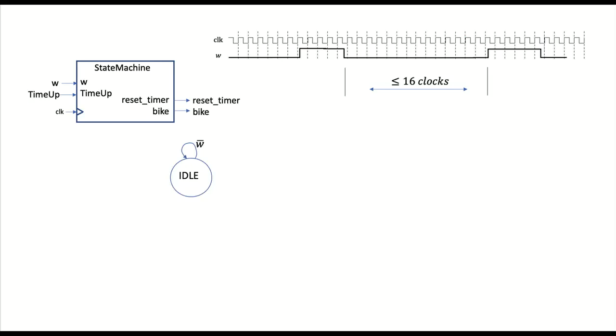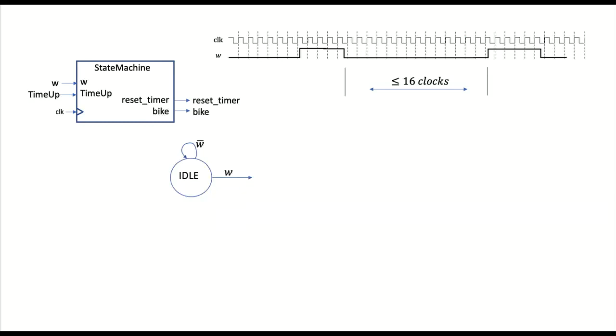Don't react. Which means I probably want to do something if I see a W. So I'm going to want to change state if W is high, because obviously something happened, something hit the sensor. Don't know yet whether it's a bike or not. Okay, so we're going to another state.